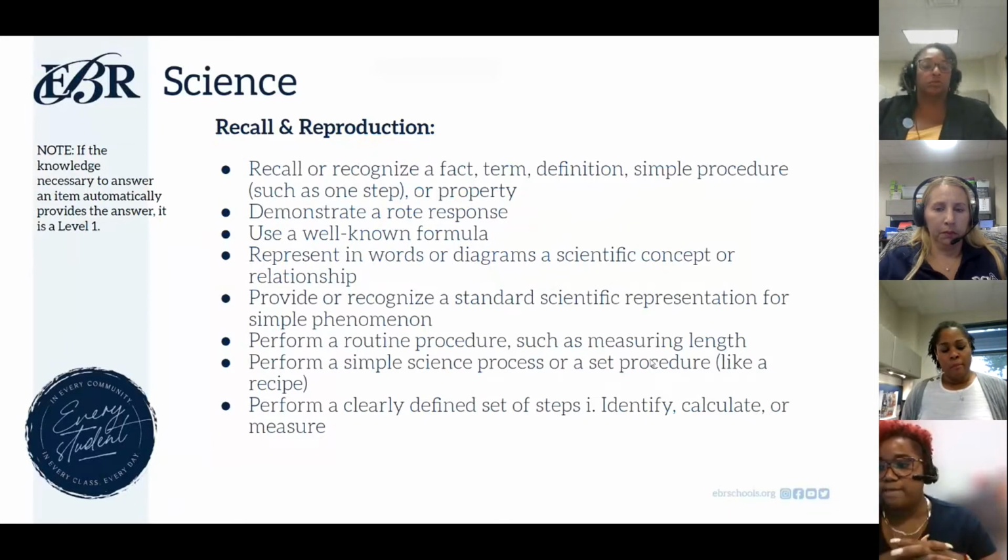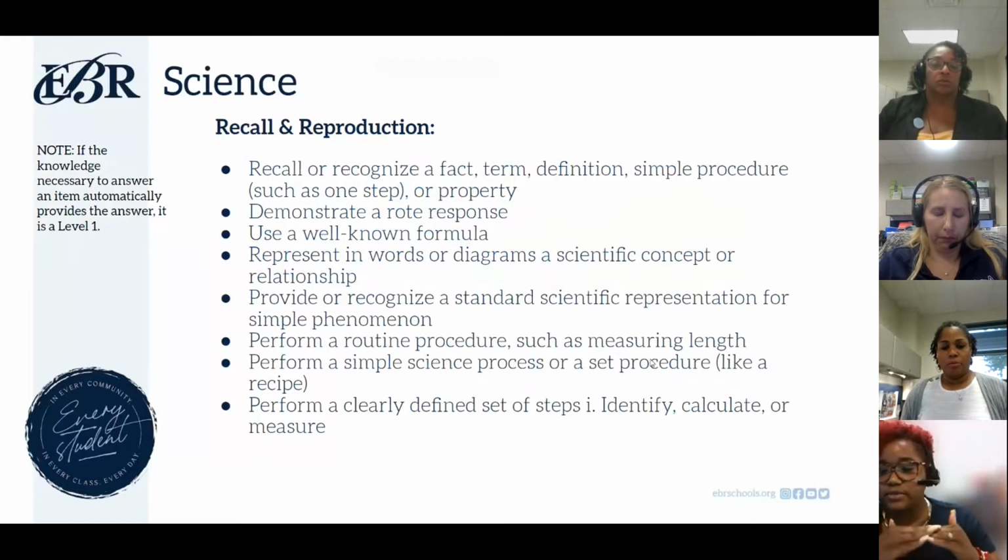They're providing or recognizing a standard scientific representation for something simple within a phenomenon. And we're also looking at things to be clearly defined as steps. So when we're going through steps or calculating just a number or identifying something, this is still DOK level 1 because it's rote memorization of a process.